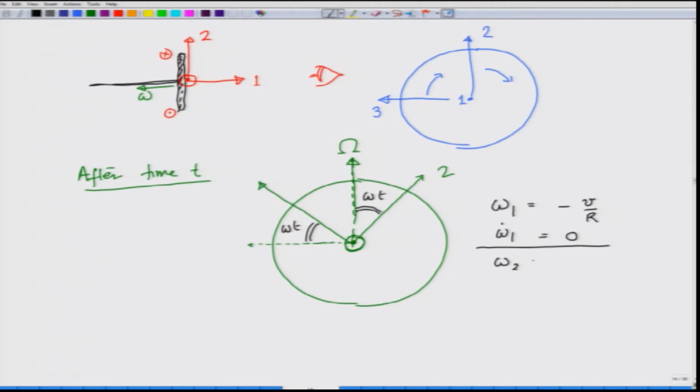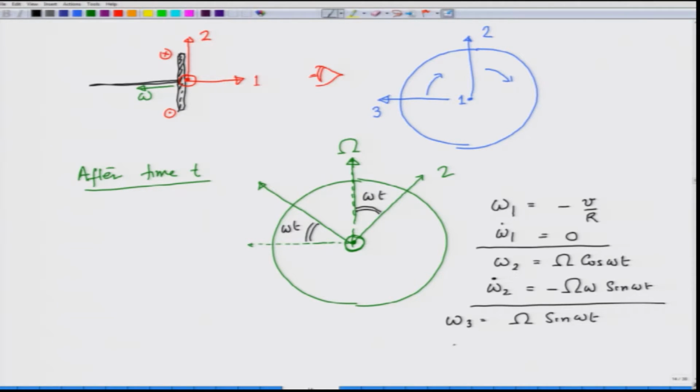Omega 2 is going to be equal to capital omega cosine of omega t, and omega 2 dot therefore is going to be equal to minus capital omega times omega sine of omega t. And similarly, omega 3 is going to be capital omega sine of small omega t, and omega 3 dot is going to be capital omega small omega cosine of omega t.